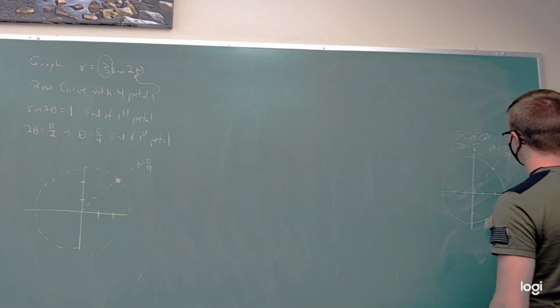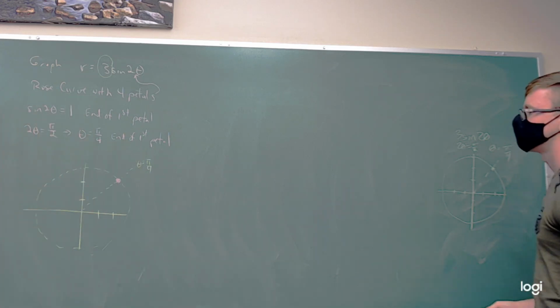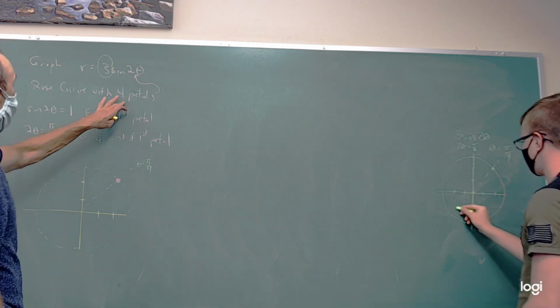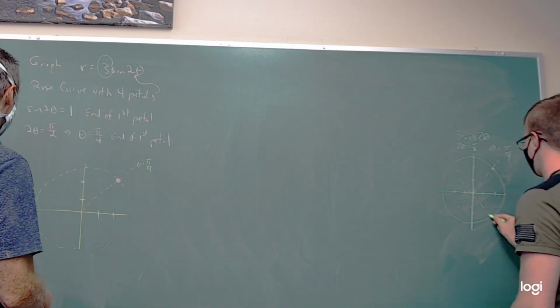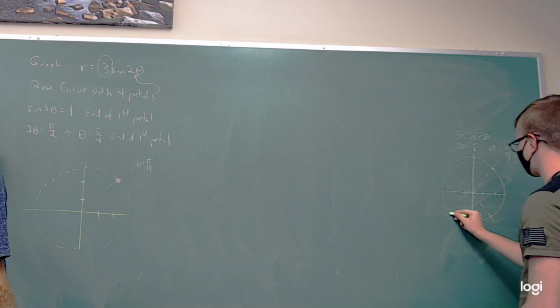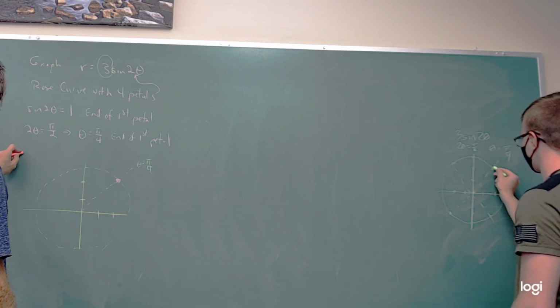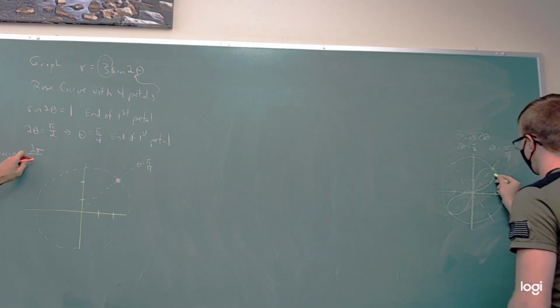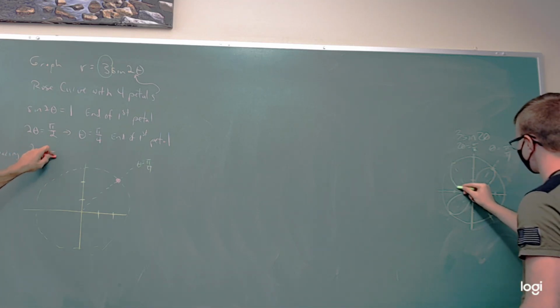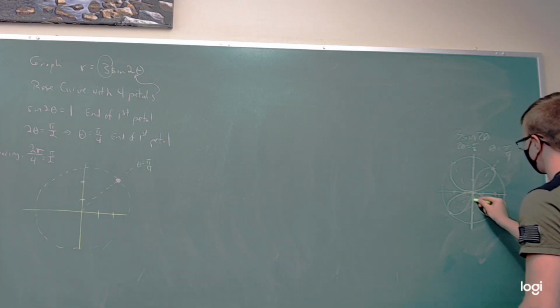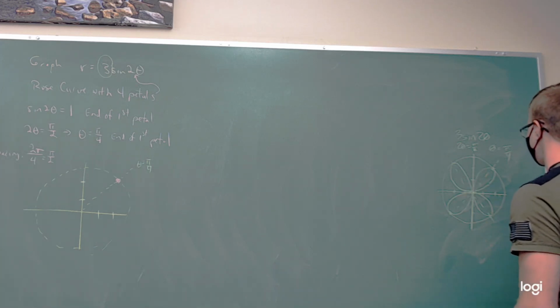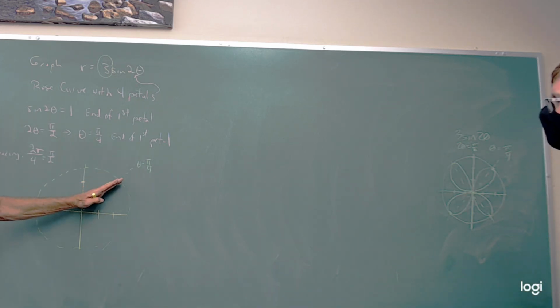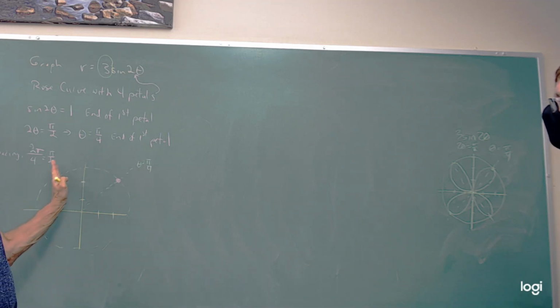Now the petals are going to be evenly spaced. Since we said there are 4 petals, the spacing between petals is going to be 2 pi, the whole circle, divided by the number of petals, which means every pi over 2. So from pi over 4, the next petal we add pi over 2.